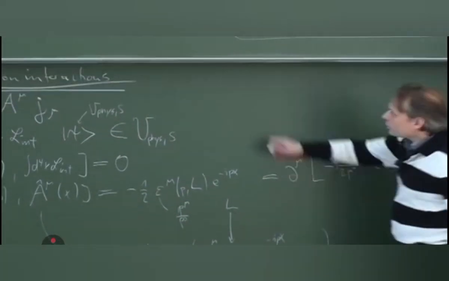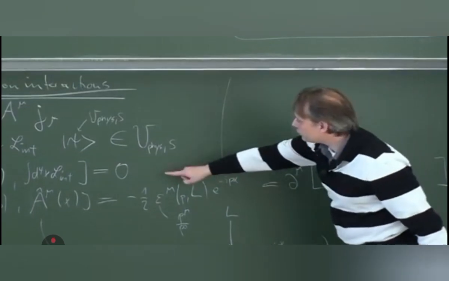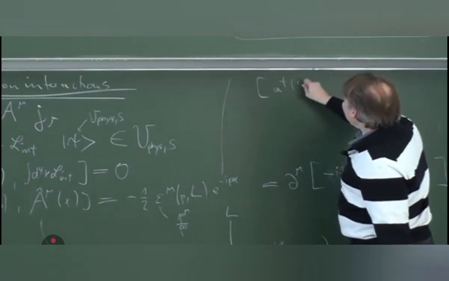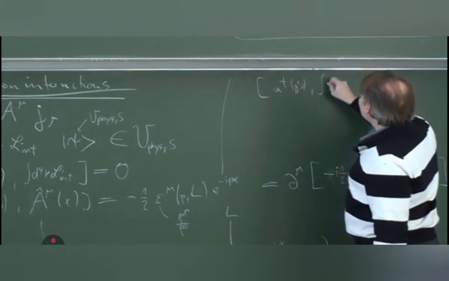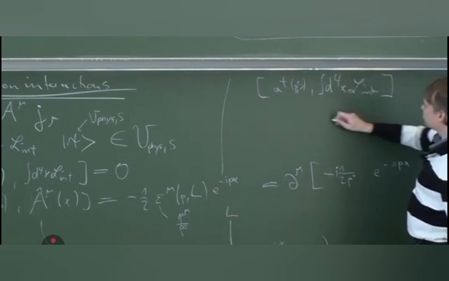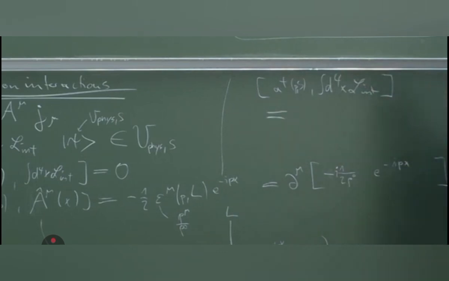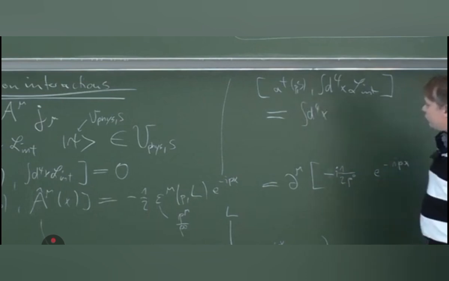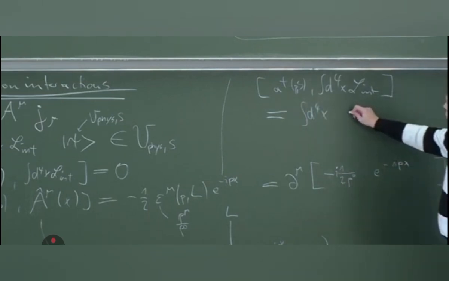What happens if we plug in this result into the previous expression? So the commutator A of P comma S with this object is now the following. It's an integral d4x, you get j mu, and from the commutator with A, you get d mu of some function.